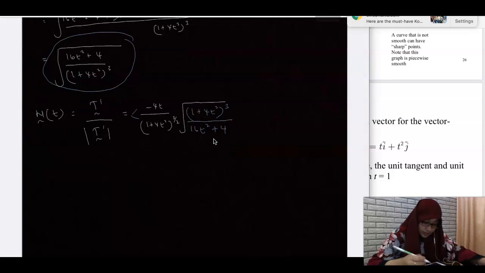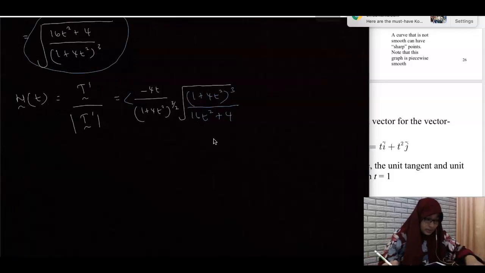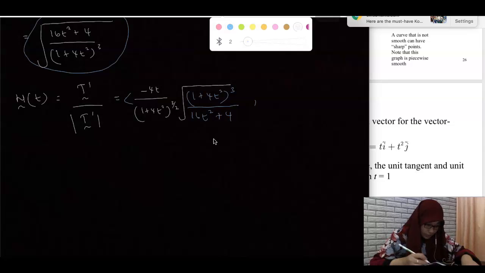Okay, and that is for the x component. Then for the y component, it is a bit longer. That is the second component I put down here.